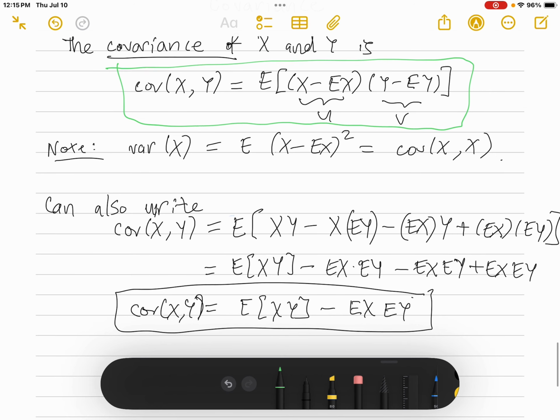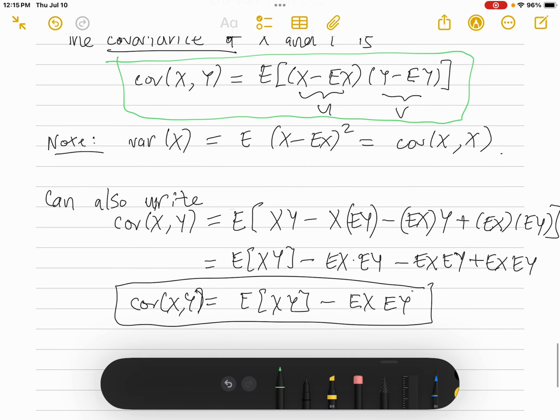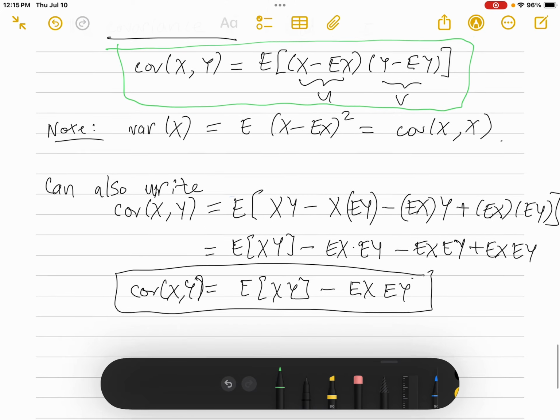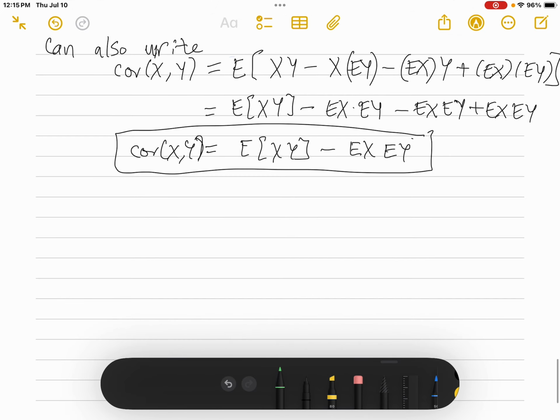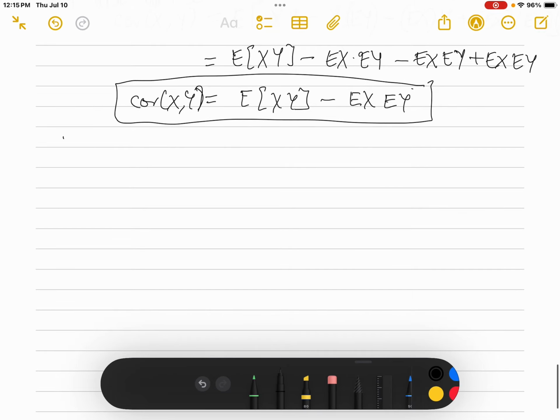Now, using the covariance, we can calculate the variance of a sum of random variables. So the theorem is that suppose you have x1 through xn random variables.